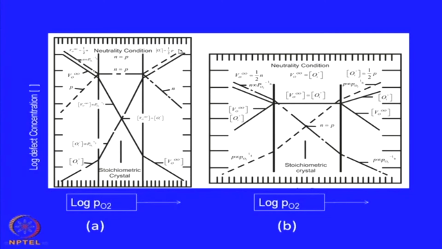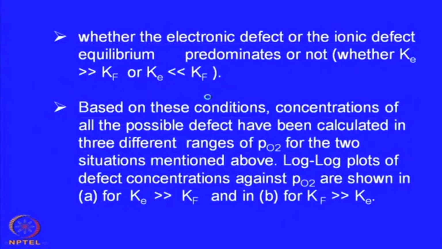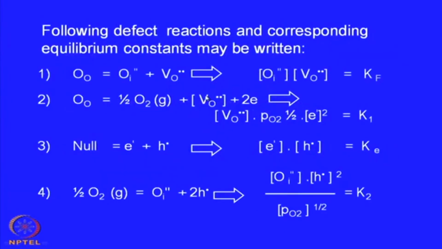On this side the hole concentration is higher and there is an intermediate range where N is equal to P, that means number of electrons and number of holes are same. Okay. So, these intersections, this is an intersection of actually K1, okay.